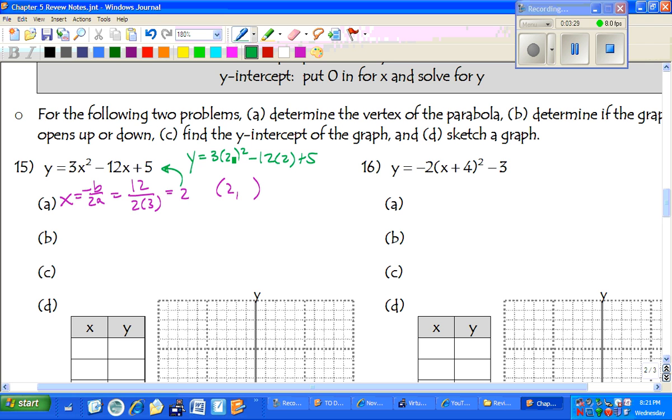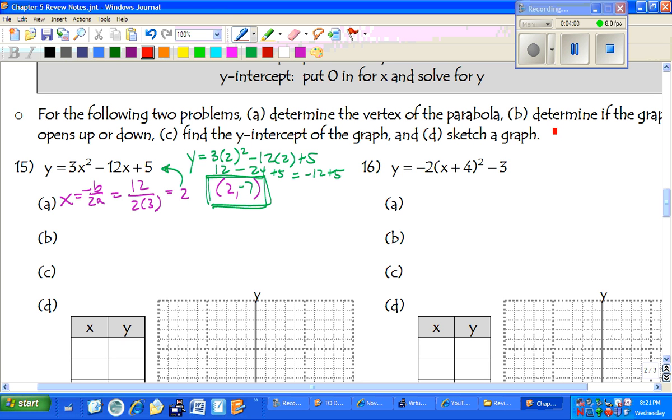So we just have to evaluate that. Use your calculator if you need to, but you shouldn't have to. 2 squared is 4 times 3 gives us 12, minus 12 times 2, we get 24, plus 5. So 12 minus 24, we get negative 12 plus 5, we end up with negative 7. So our vertex is at (2, negative 7).